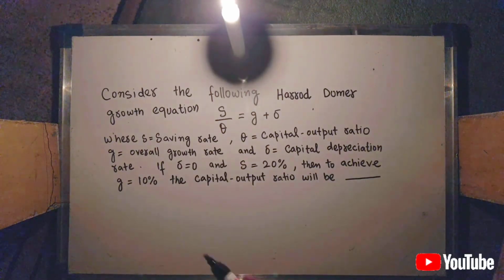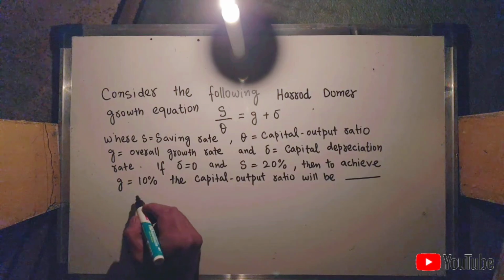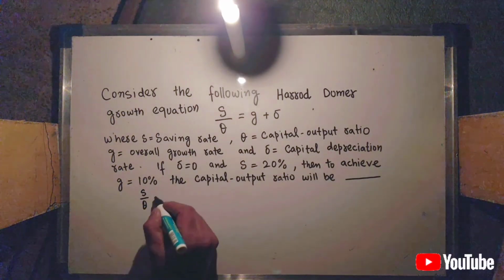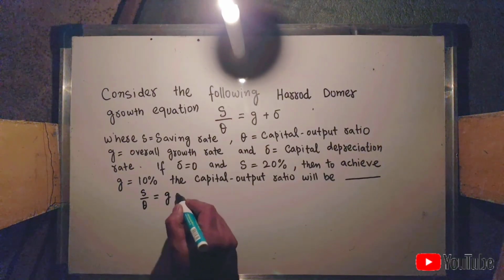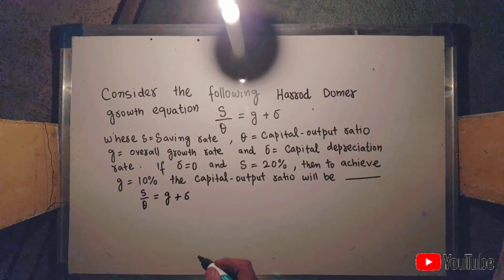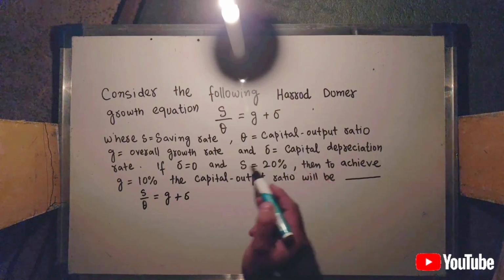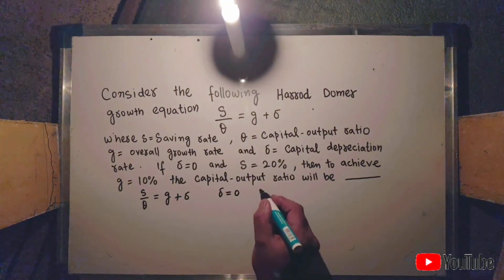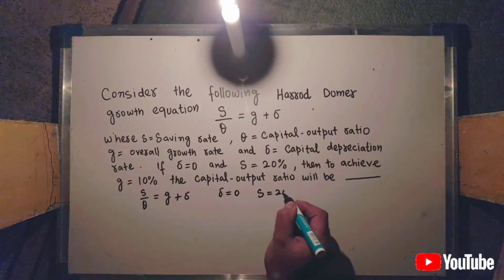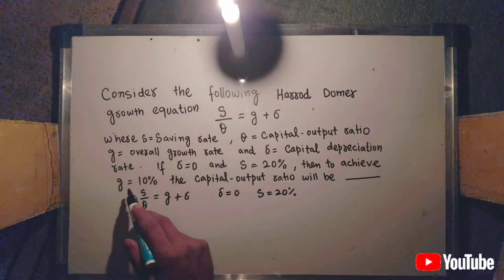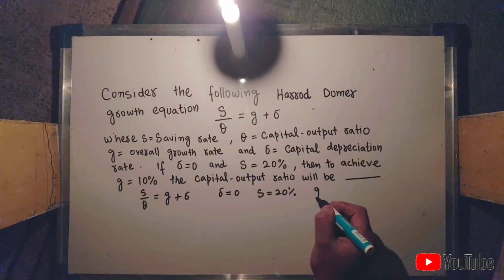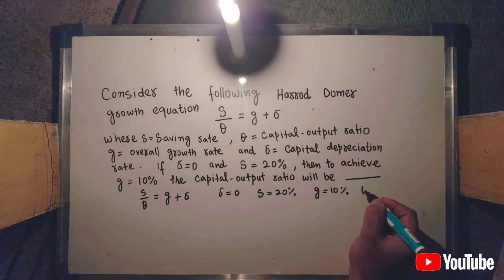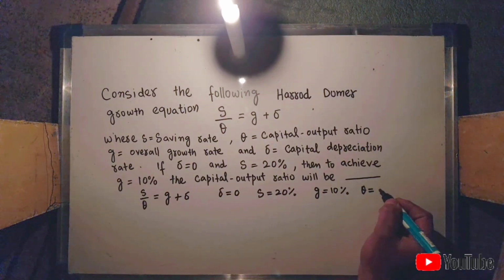So we are being given the growth equation, that is S/theta equal to G plus delta. Also, we are being told that the depreciation rate is 0, savings rate is 20%, and growth rate in the economy is equal to 10%, and we are supposed to find out the value of the capital output ratio.